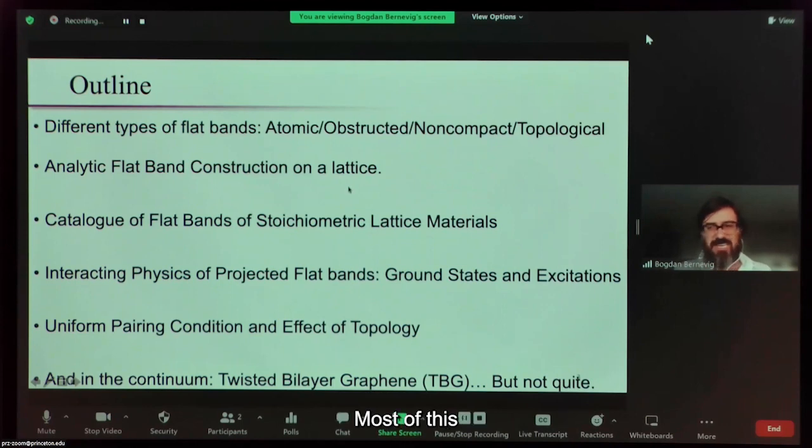The second talk is going to be about what happens when you add interactions, either repulsive or attractive, to some of these flat bands, a subset of them that appears in special models, but they can also be generalized, for example, crystalline. And it turns out that some of this physics is fascinatingly exact to solve, given the interaction case, at least for the ground state and for the excitations. So that's the outline.